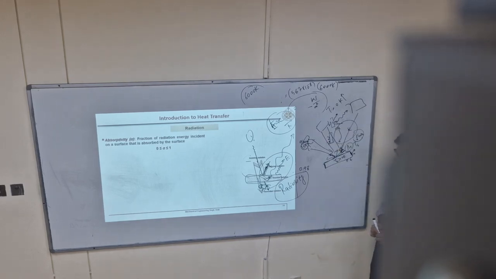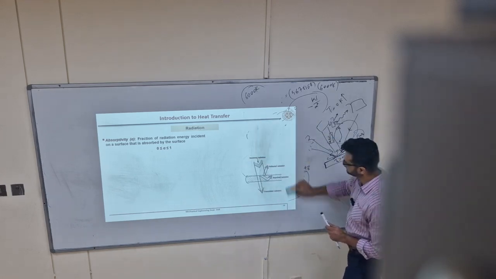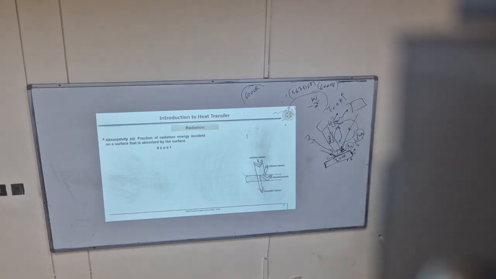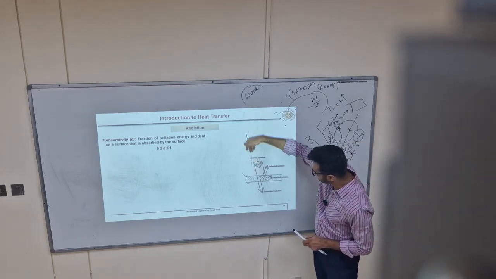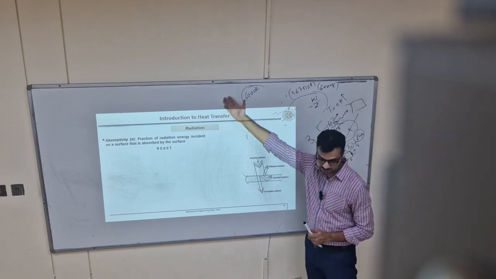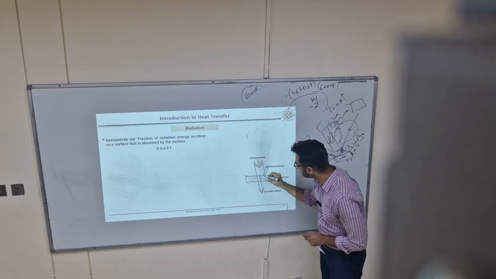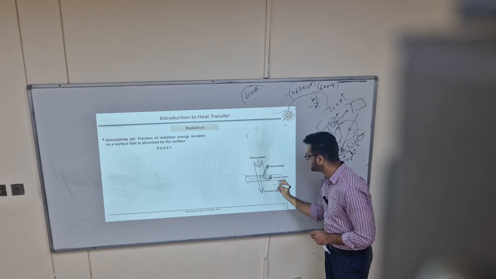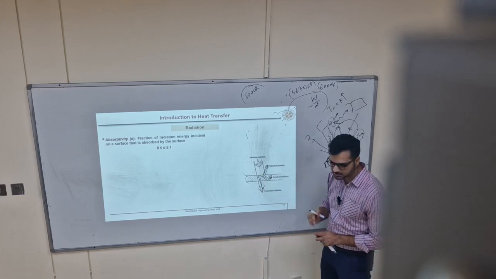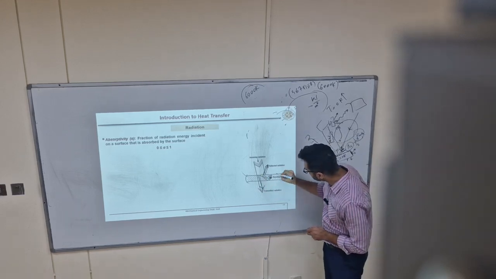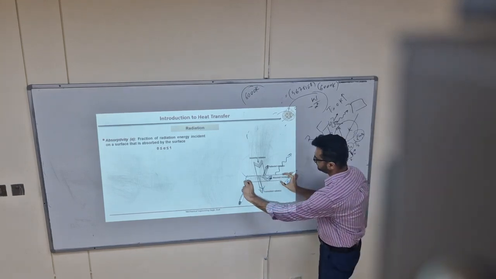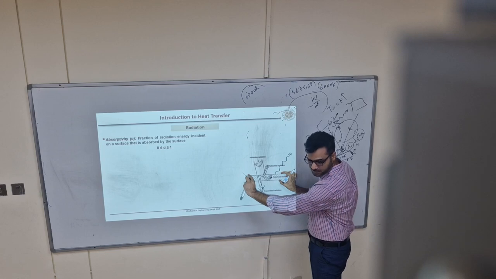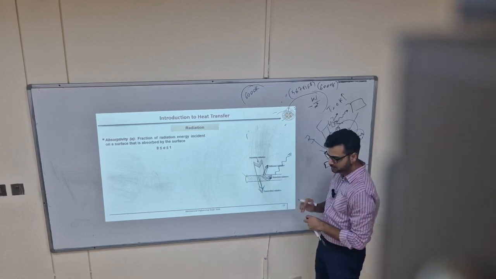So what is radiosity? See this figure again. For example, this is a real surface on which radiation is coming from the sun or from any other surface. A part of it is reflected, a part is absorbed, a part is transmitted. Now this body will also start to emit radiation. What type of radiation is coming from this body?